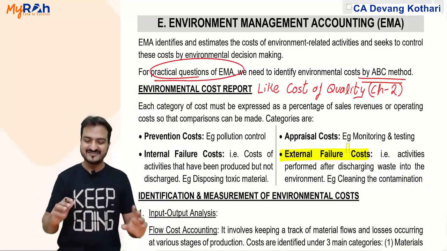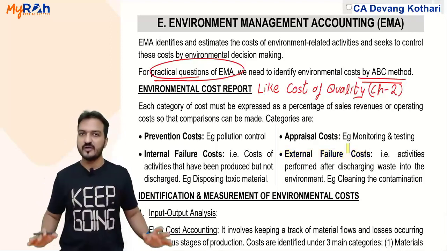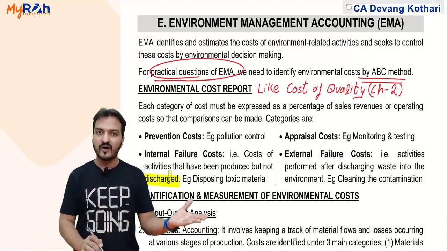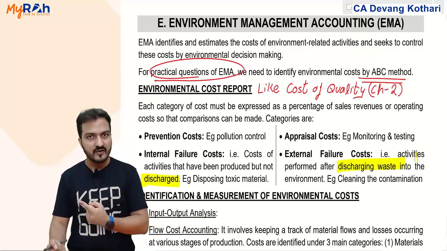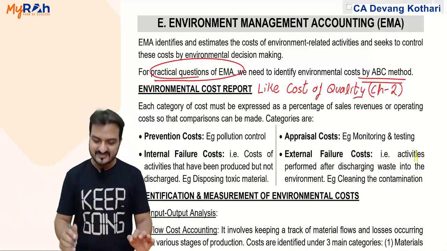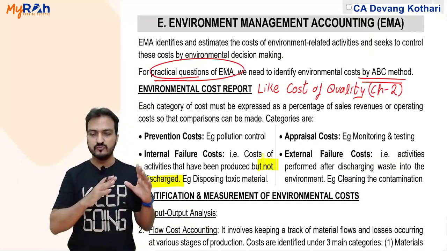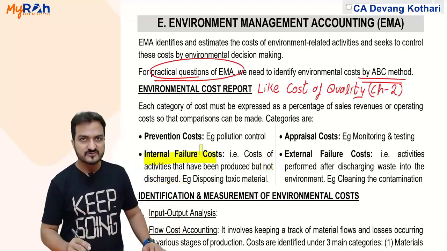So failure means that you create some wastage that damages the environment. If this wastage is discharged into the environment, it is external failure because it will damage the external environment. If it is not discharged, then you will have to incur cost to detoxify it. That becomes your internal failure cost.